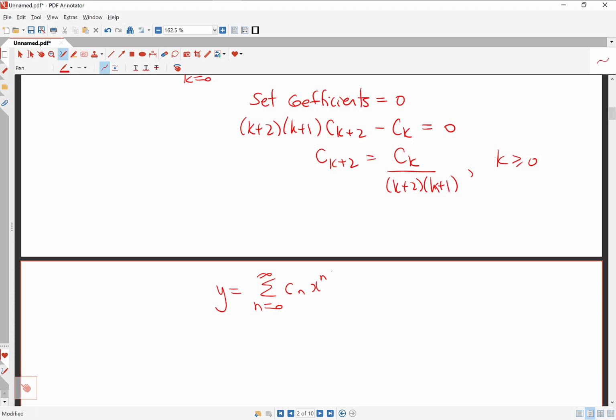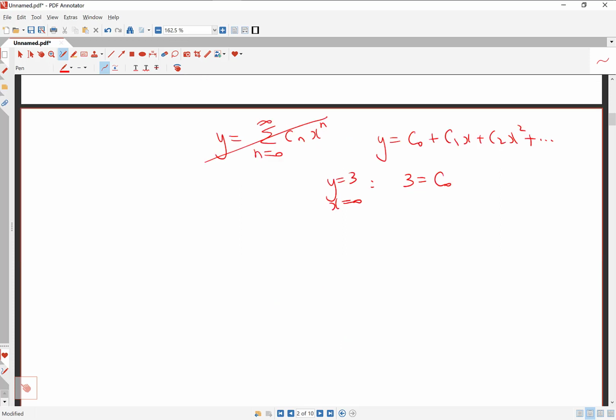So remember our series y had the form y equals the sum from n equals 0 to infinity of c_n x^n. That's just an overly formal way of saying y is equal to c0 plus c1x plus c2x squared, etc. So let's think about those initial conditions. We were told that y(0) was equal to 3. So if we plug in y equals 3, x equals 0, that tells us that 3 is equal to c0. We also have some information about y prime, so let's think about what y prime is.